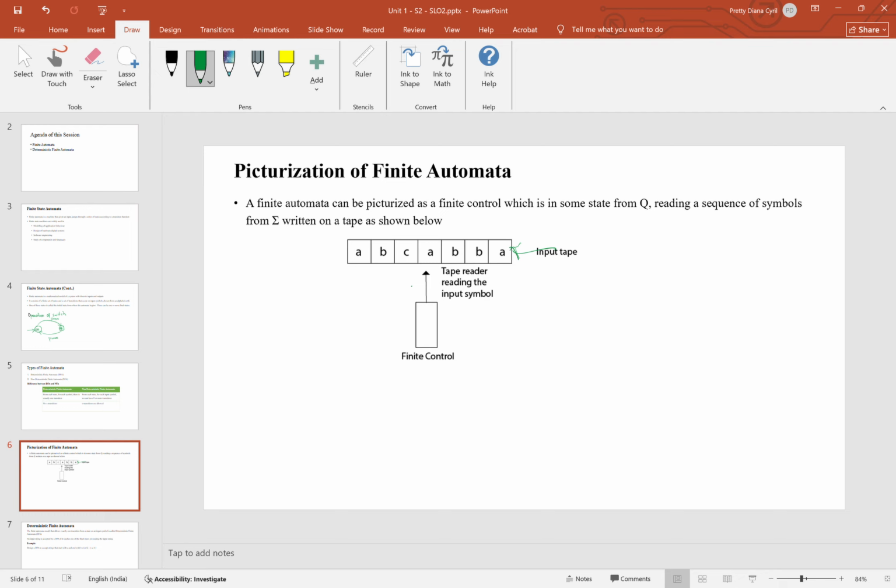In one move, the finite automata can read the input symbol, then move its head one position to the right, and then move to the state as defined by delta. At a time it can do these three operations.